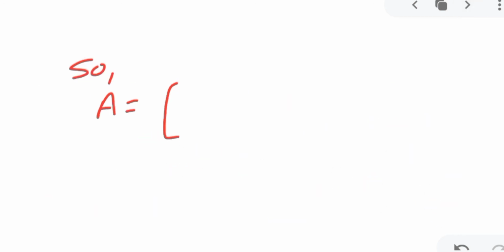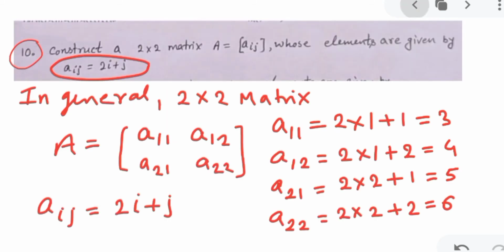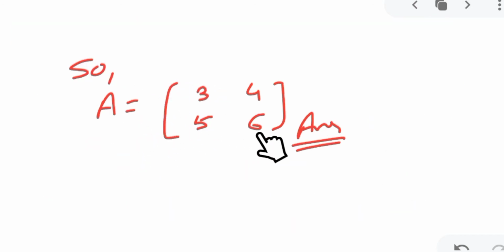Correct? So in this way I got A as 3, 4, 5, 6. What did I do? I just put in the values of A11, A12, A21, A22, and our 2 cross 2 matrix is ready. So this will be our final answer. I hope you understood.